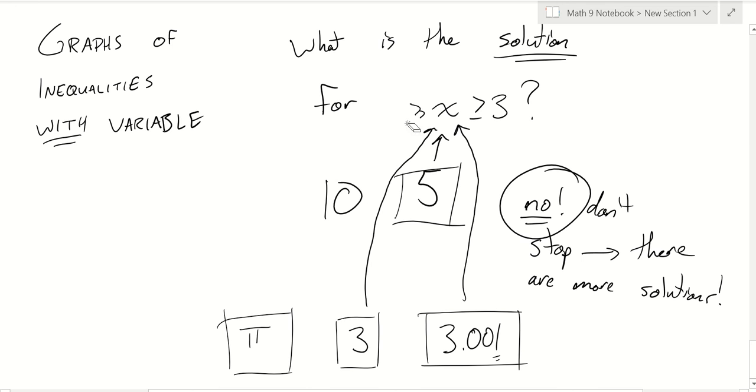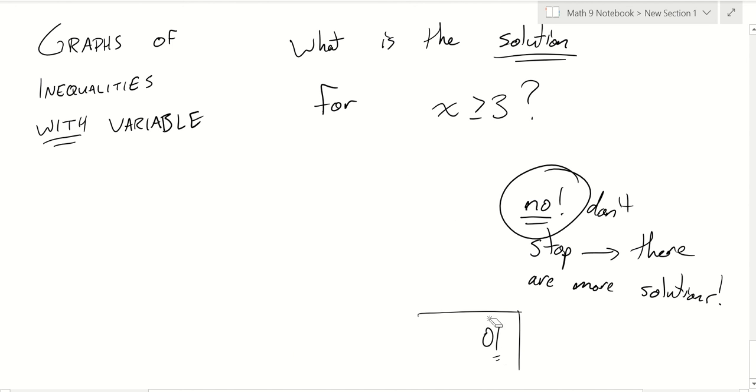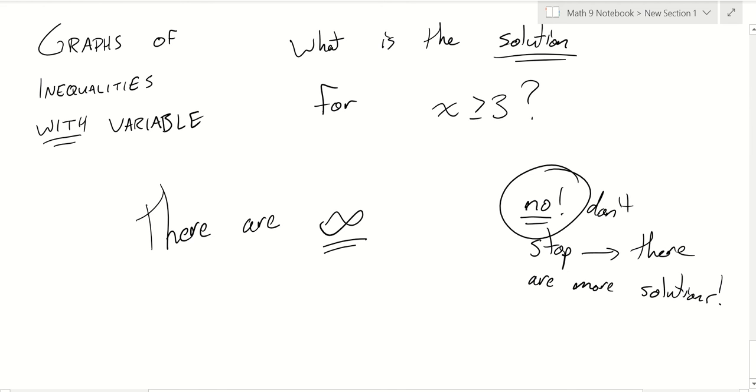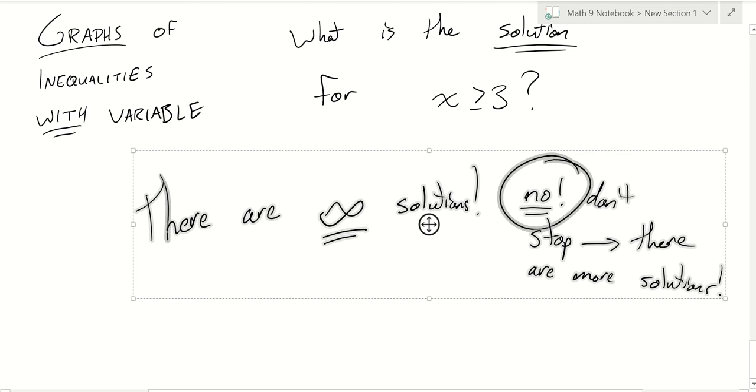In fact, how many numbers could we possibly think of? We could really think of an infinite amount of solutions. So there are infinite solutions. How could we write an infinite number of solutions? Here's how we do it. We do it with graphs. Okay, so what is a solution for x is greater than or equal to 3? Well, let me shrink this and make some room.